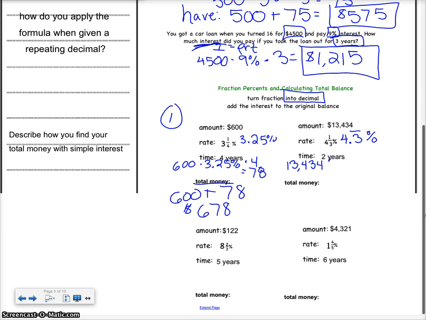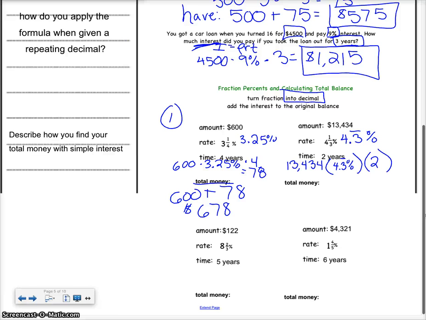So 13,434 times my interest rate, 4.3% repeating, times my time, 2. So in my calculator, I'm going to go 13,434 times 4 and I'm hitting a whole bunch of 3's, times, and then it doesn't matter how much you hit.